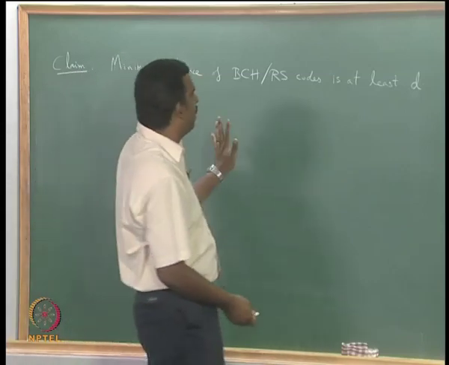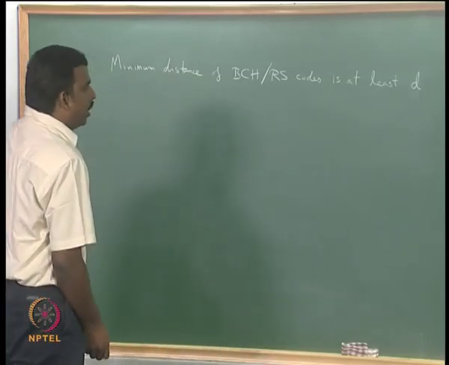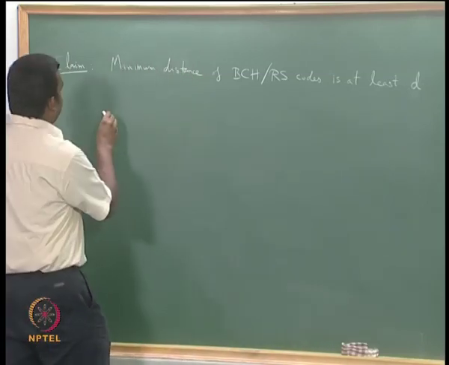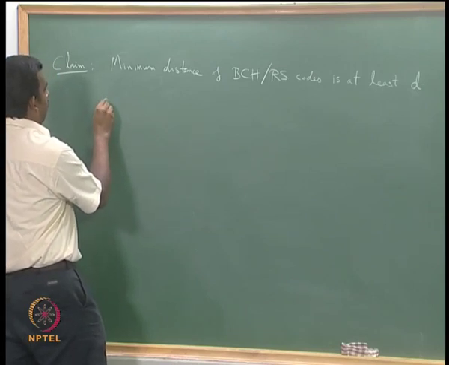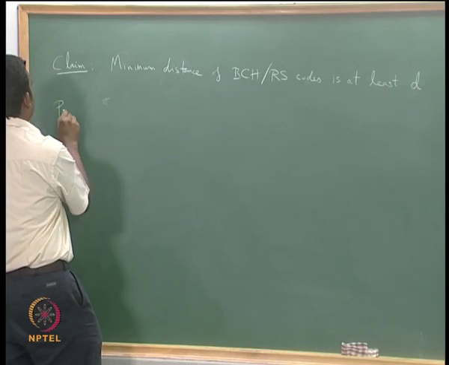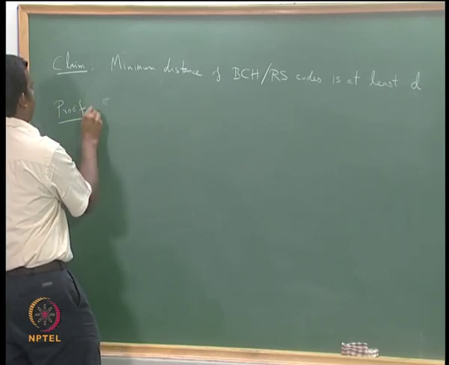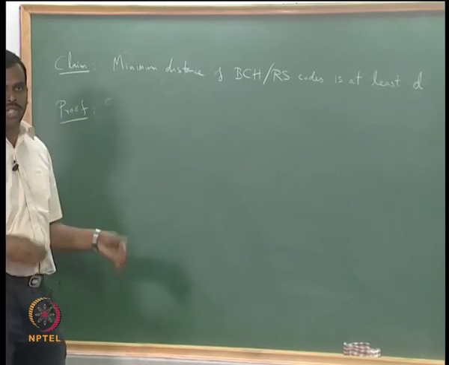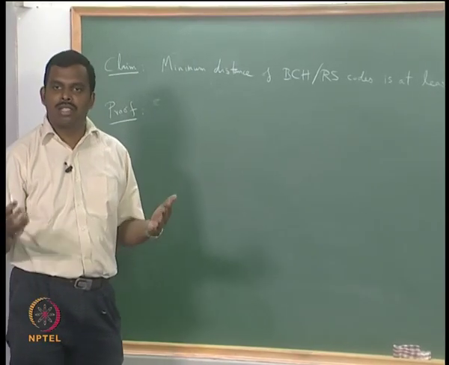So it works out very easily, but this is what I want to show. To show that, we will do it by proof by contradiction. What is contradiction? You have to assume it is not true and come up with something which is evidently not true.